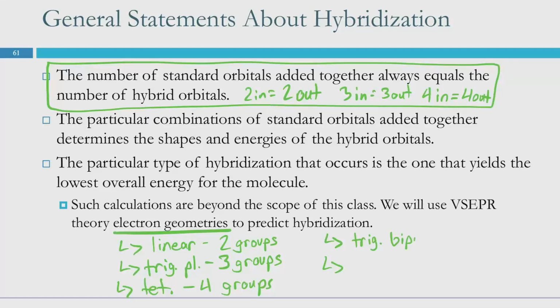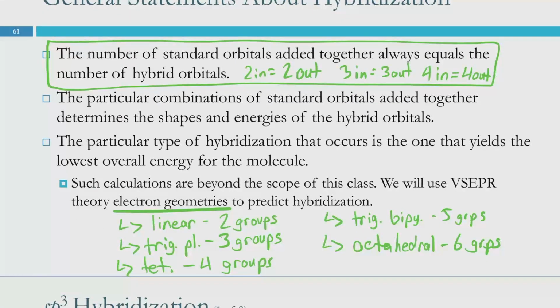So trigonal bipyramidal, 5 groups, octahedral, 6 groups. So we're going to be using these 5 shapes to predict our hybridization. So these 5 shapes will be important.